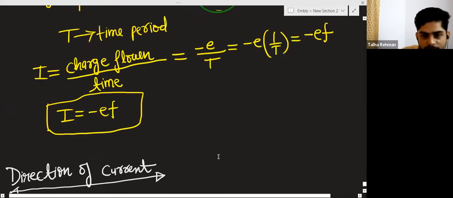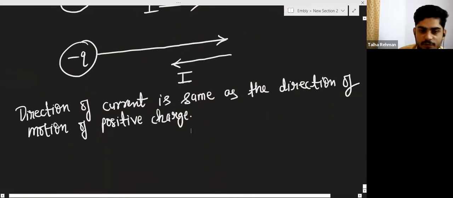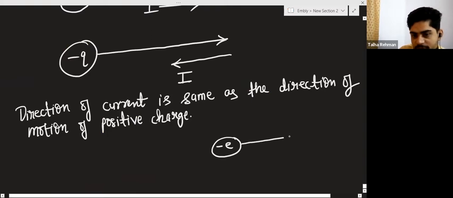See here, the electron is negatively charged and is moving in the anti-clockwise direction, but the current is in the opposite direction. If an electron is moving in this direction, then the direction of current will be opposite to the direction of motion of the electron.